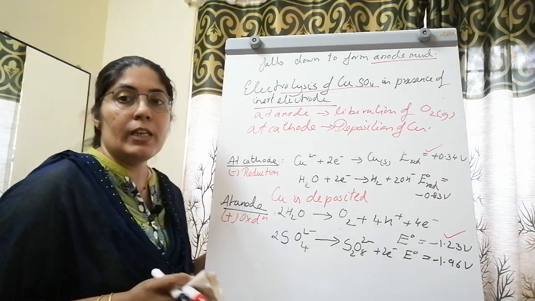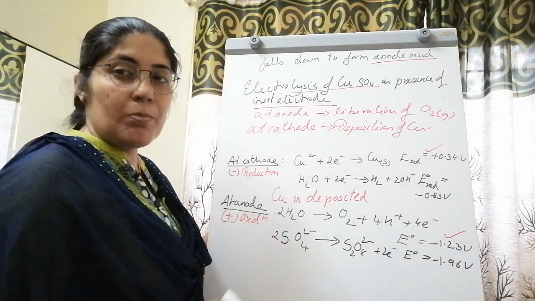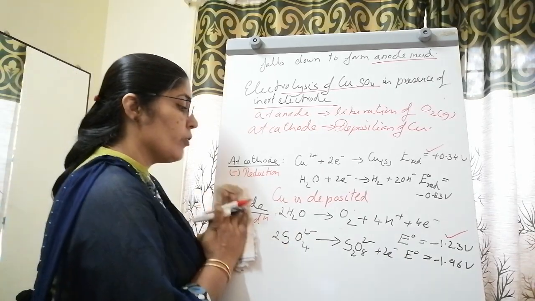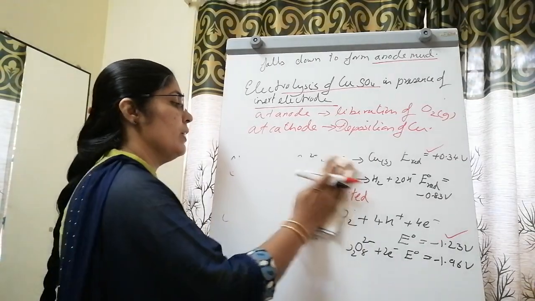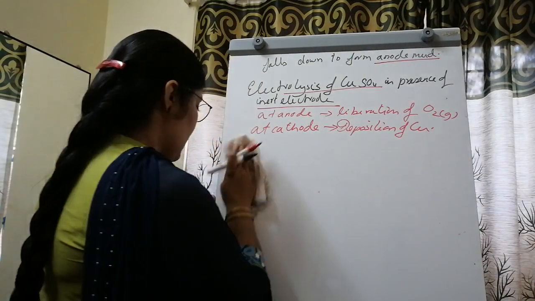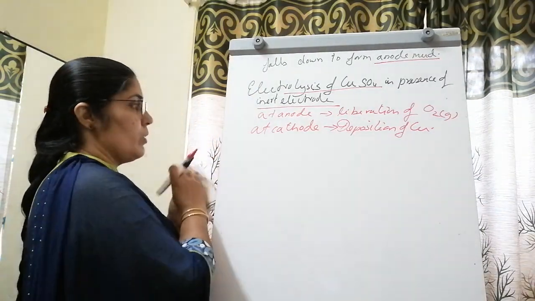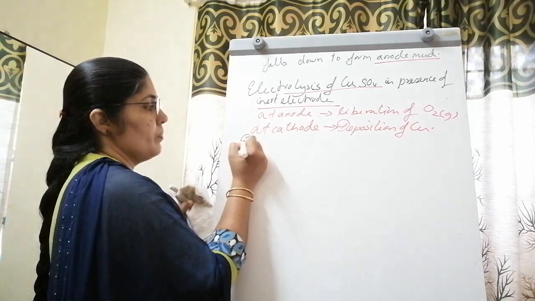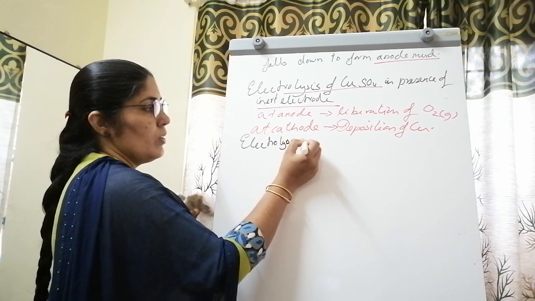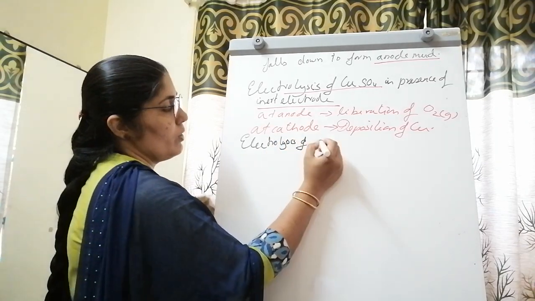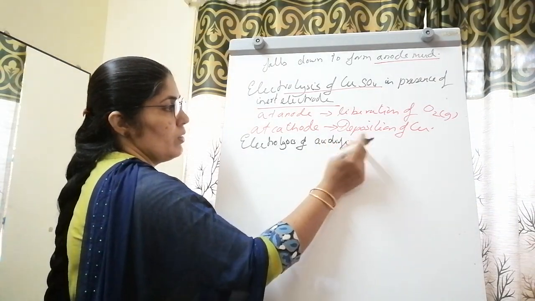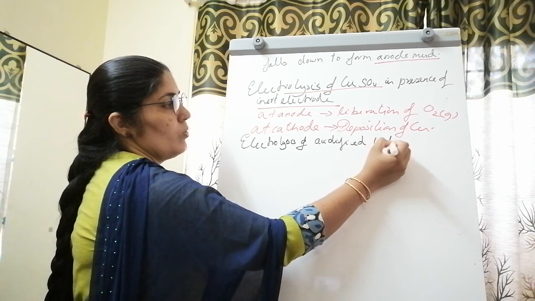Okay, now we'll go for the next example. These are all parallel examples. The more examples you practice, the more clear you will be about it. Let's go for the electrolysis of acidified water.